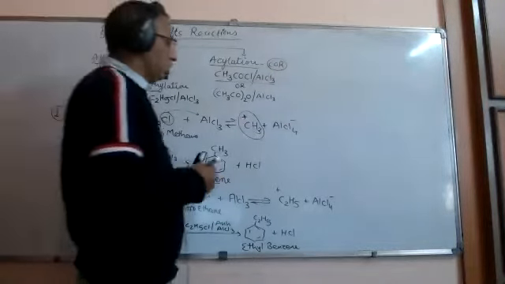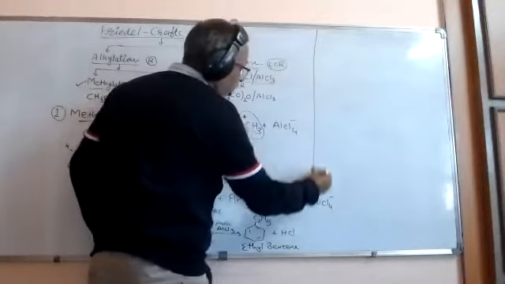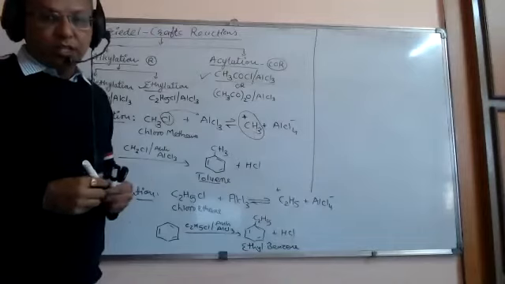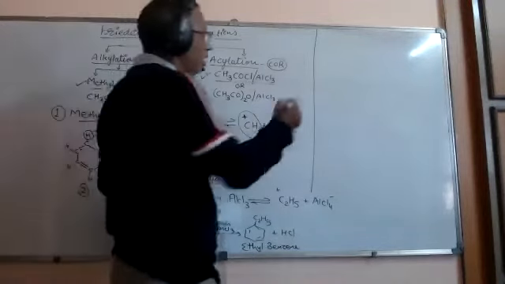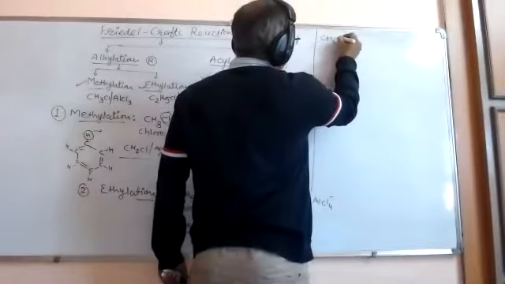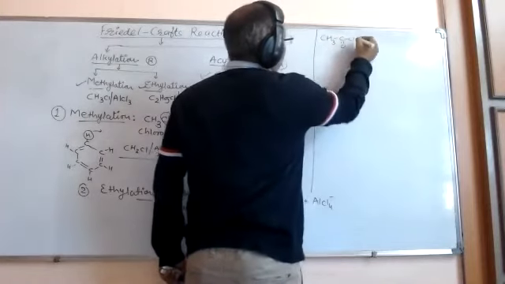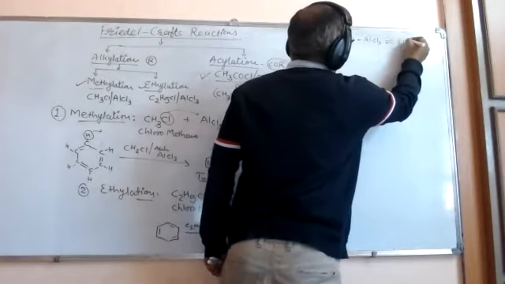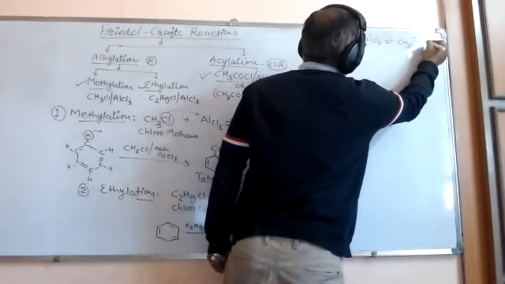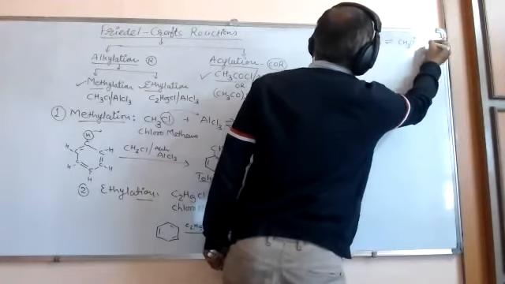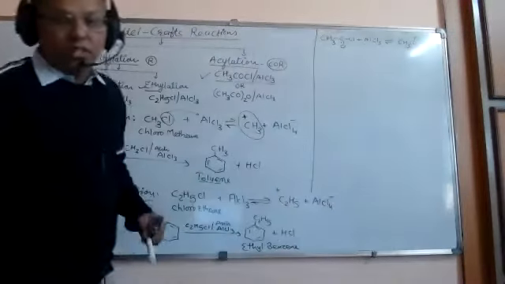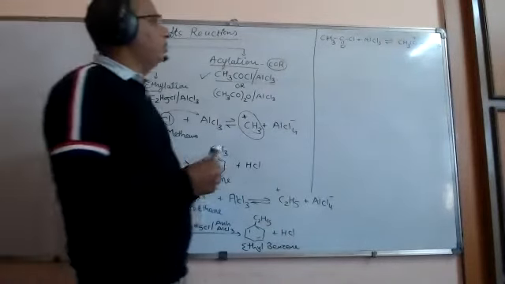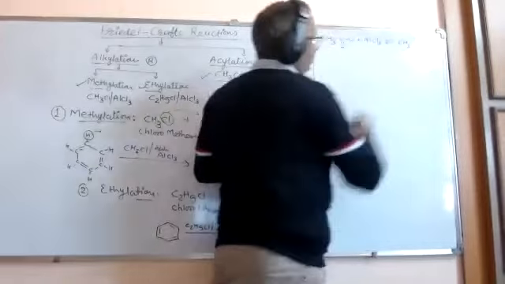What happens in the reaction? Let's check it out. When acylation takes place with CH3COCl, CH3COCl plus AlCl3 gives CH3CO+ and AlCl4-. This is the first step of the reaction, in which we obtain the acyl cation.